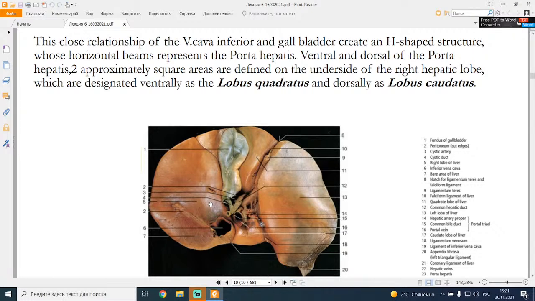Two approximately square areas are defined on the underside of the right hepatic lobe, which are designated ventrally as lobus quadratus and dorsally as lobus caudatus.